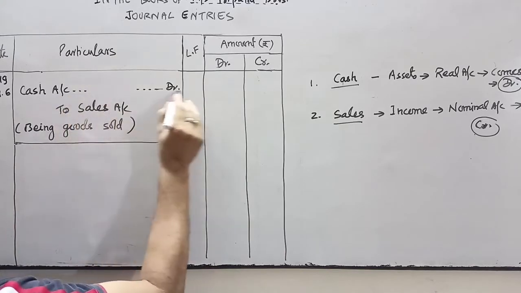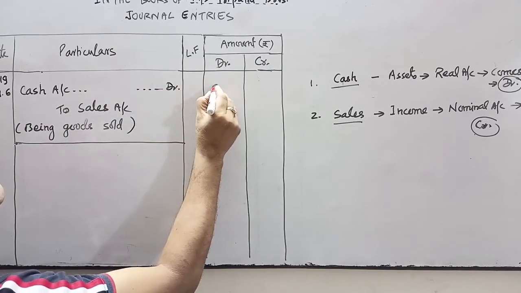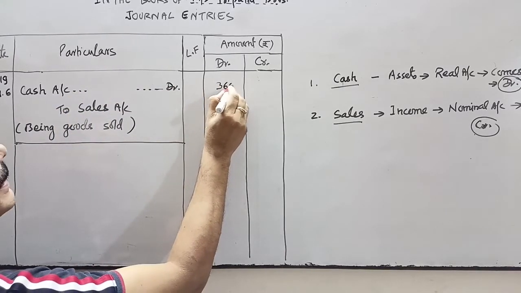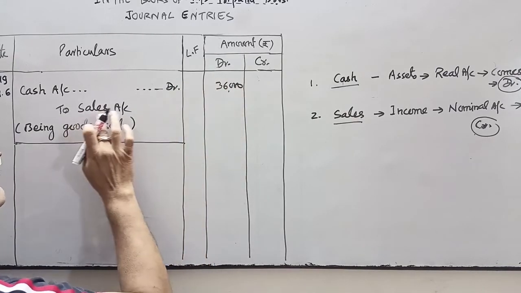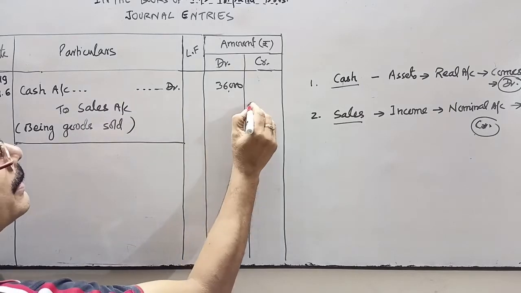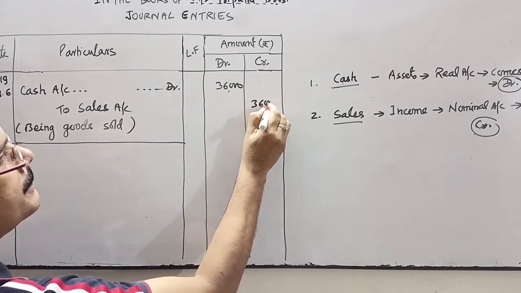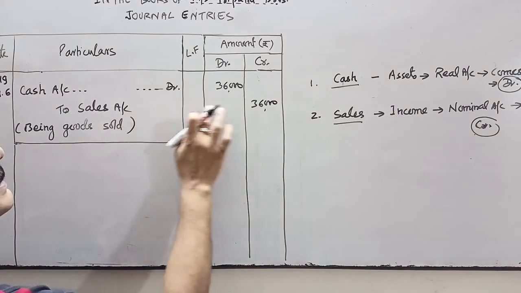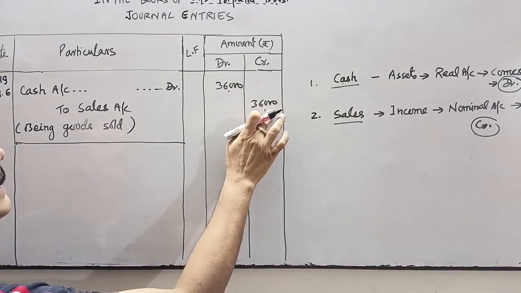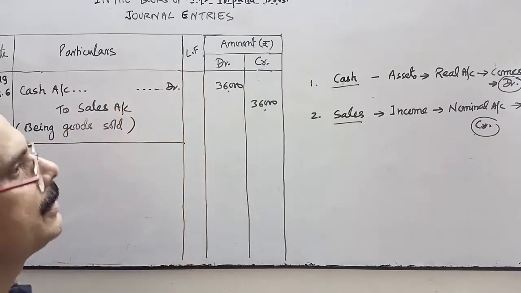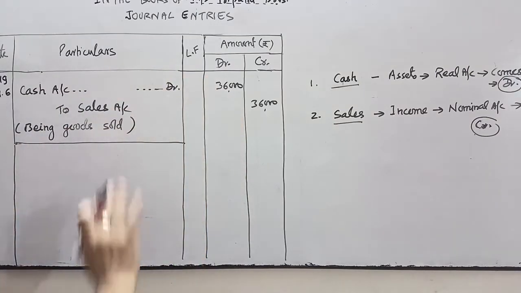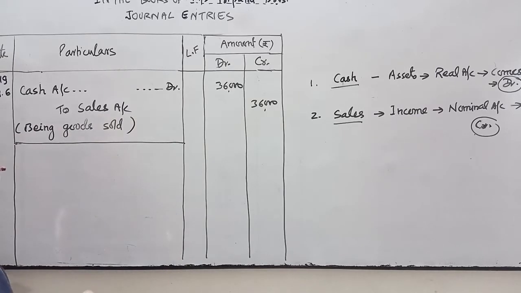Cash is debit, so in the debit column I will write 36,000. And sales account is credit, so in the credit column, just in front of sales, I will write 36,000. Now the entry is completed. I have recorded the entry of goods sold for cash. This entry is recorded in the journal.